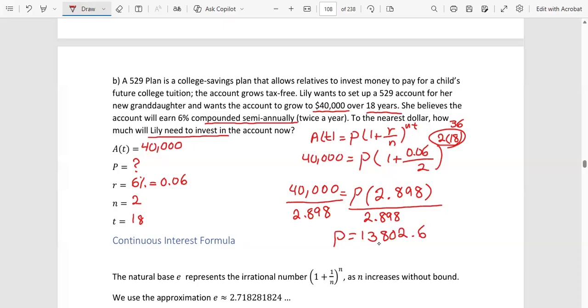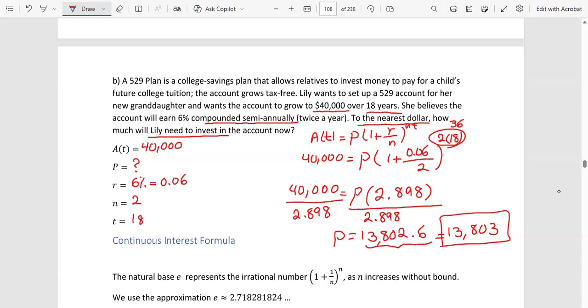That means if she invested $13,802 right now, after 18 years, she receives $40,000. But since it says to the nearest dollar, we can round this up because it's 0.6. So we can round it up to $13,803. So that is the final answer.